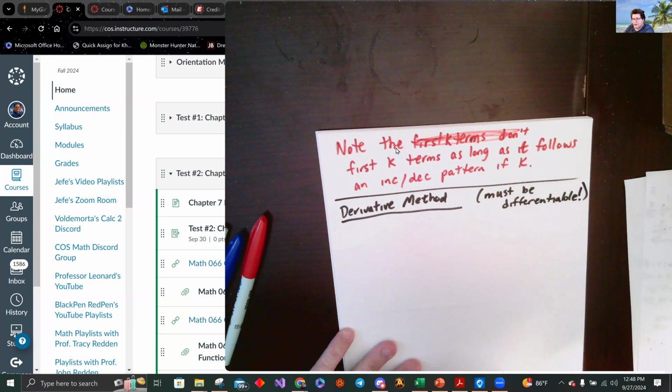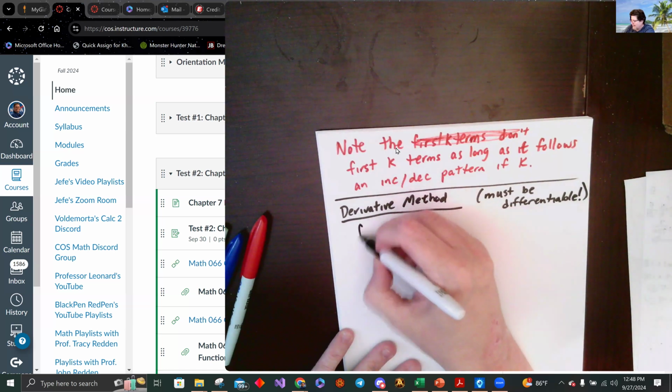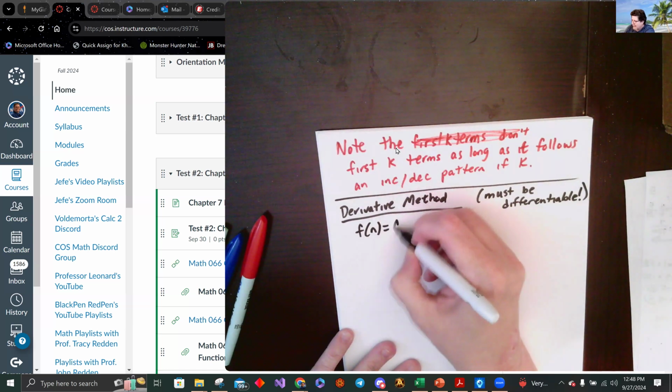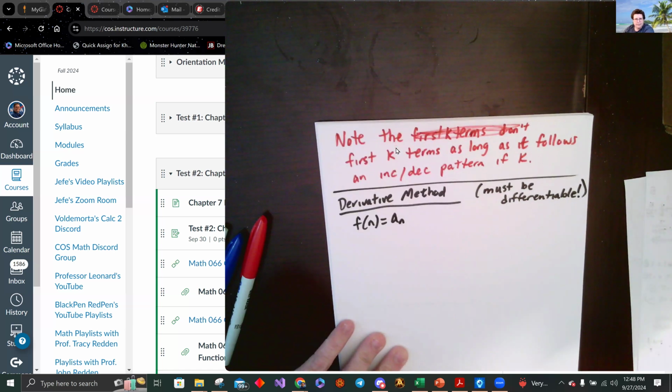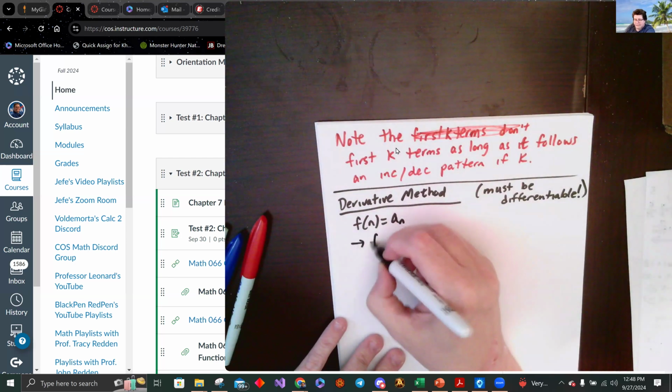So we're going to take a look. We're starting with f of n is a sub n. So f is a sequence, not a full function. But we take a look at f of x, rewrite as f of x.